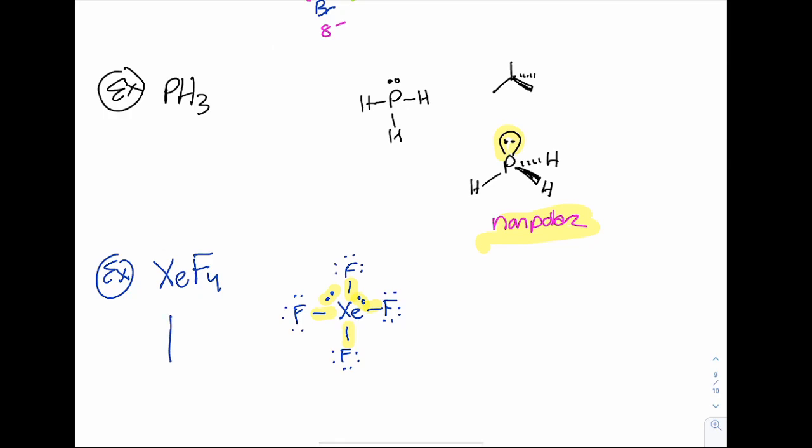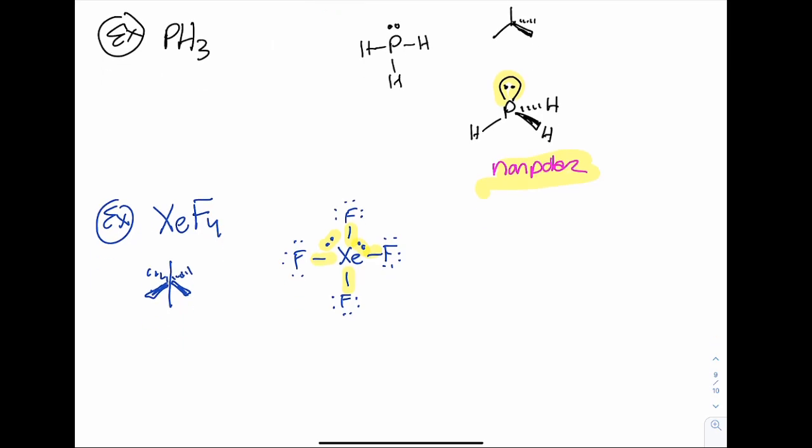So this is going to be that octahedral shape. And then remember, if I have 2 lone pairs, they need to be opposite of each other. So what I'm going to do is put one on top and one on the bottom. So xenon in the middle. And then it would go up to a lone pair, down to a lone pair. I'm going to draw the bonds first.